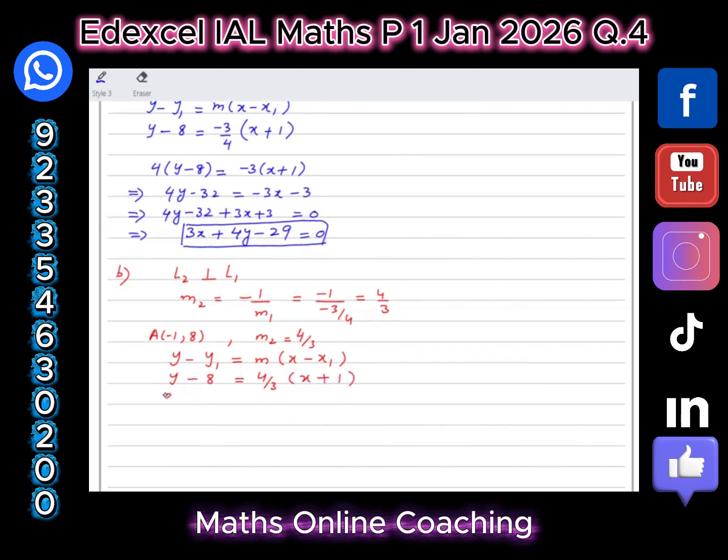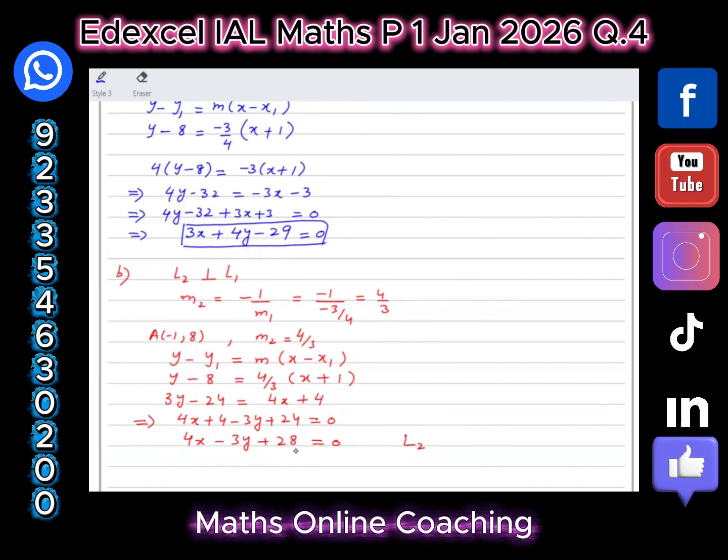Now it is 3y minus 24 is equal to 4x plus 4. It gives 4x plus 4 minus 3y plus 24 is equal to 0, which is 4x minus 3y plus 28 is equal to 0. This is the equation for L2.